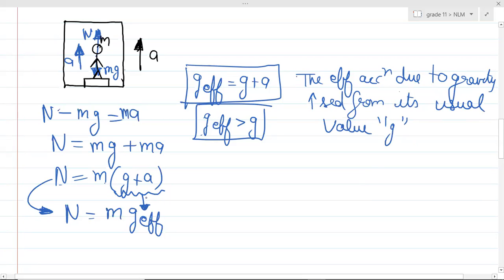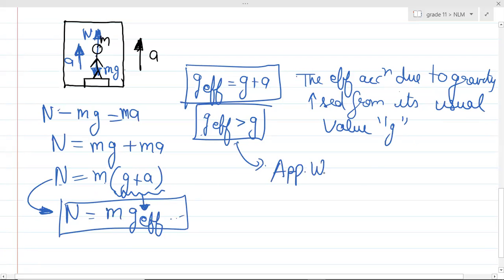So can you see g became g effective? This is your apparent weight, and please remember, since g effective is greater than g, the apparent weight in this case will be greater than the real weight.